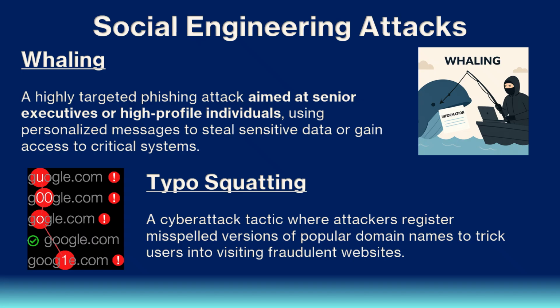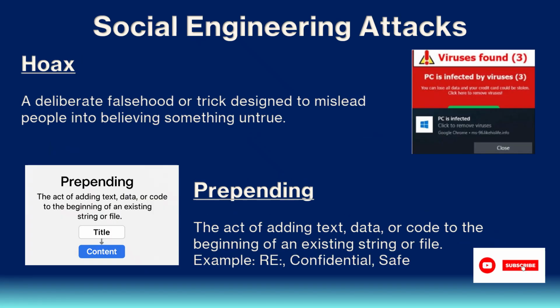Let's go to the next slide. Next is hoax. Imagine receiving an email or message claiming a new virus is spreading. Delete this file immediately or your system will crash. So, what happens is the person reading this gets panicked, follows the instructions, and unknowingly harms the system, and that's how the hoax works.